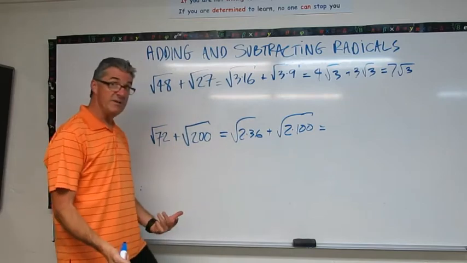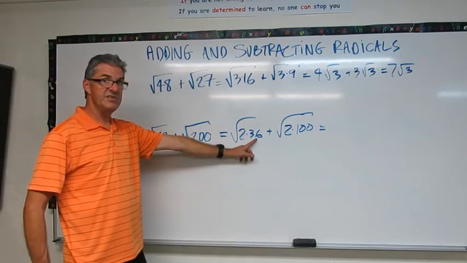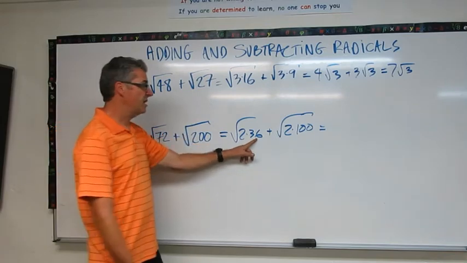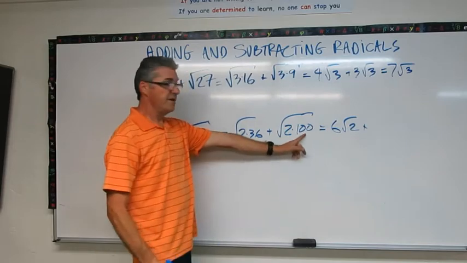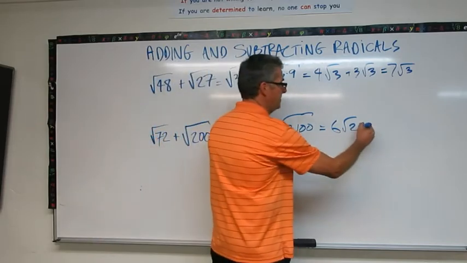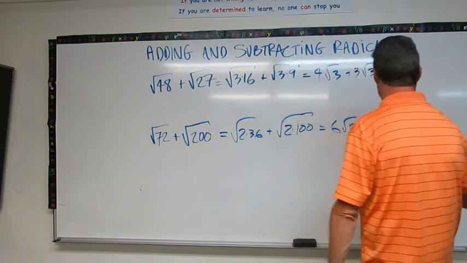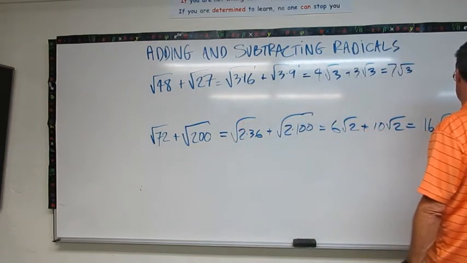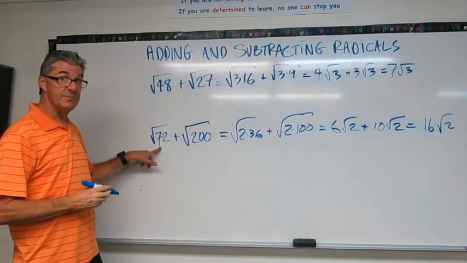Now you can see why we did that, because I have a 2 that's going to stay under the root. 36, the square root is 6, so that comes out as 6 root 2. And 100 comes out as 10. So that's 10 root 2. And this whole thing is going to be 16 root 2. Okay? So that got quite a bit more simple.